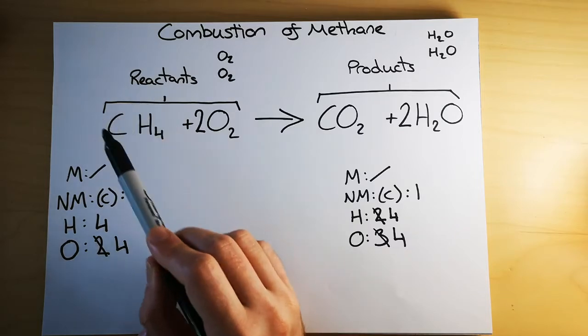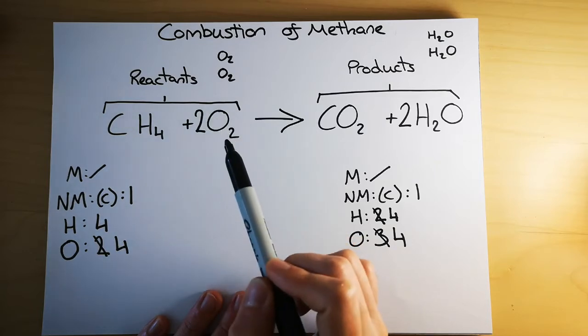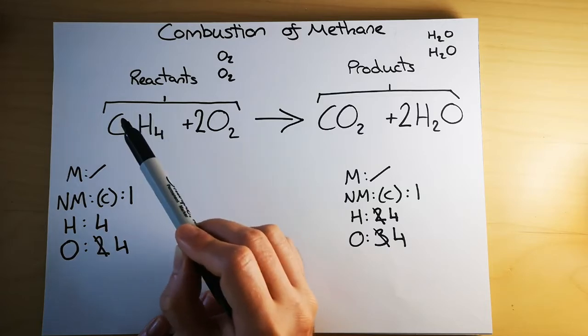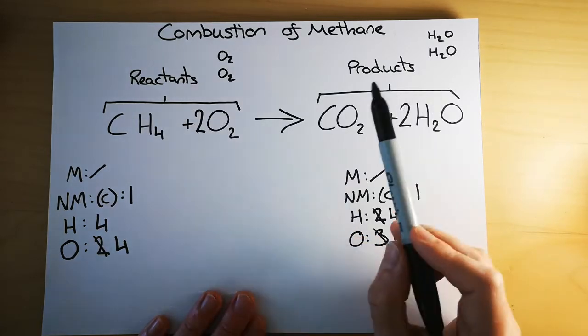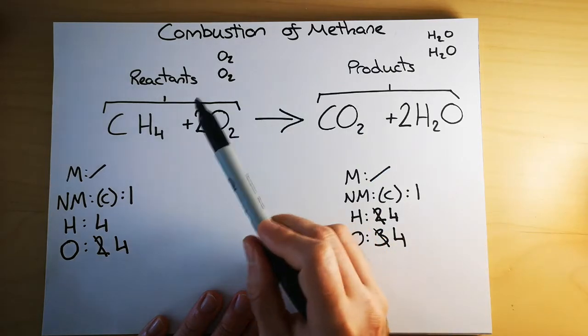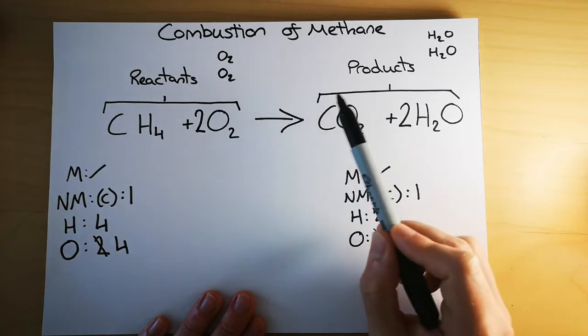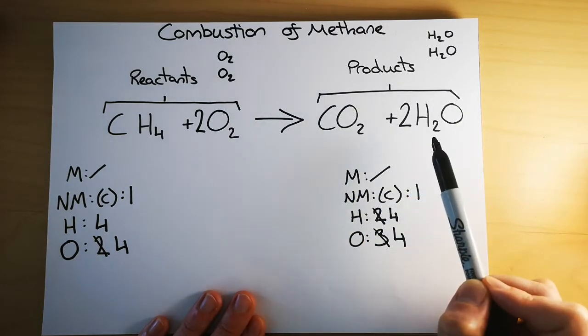So for every 1 of these molecules, I've got 2 of these molecules. More correctly, for every 1 mole of this methane, I've got 2 moles of oxygen. For every 2 moles of oxygen, I produce 1 mole of carbon dioxide and 2 moles of water.